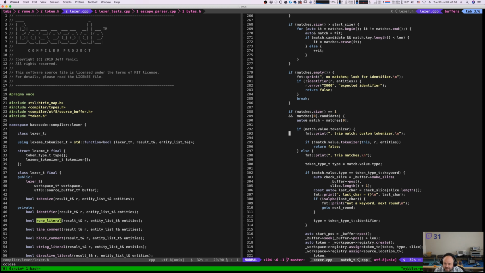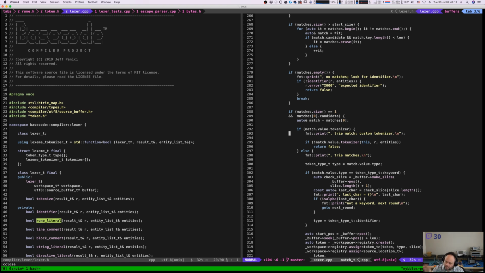So for like decimal and octal and binary, it would be any alpha character. Well, actually, I think it's the same for all of them.